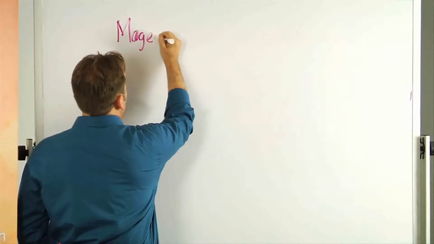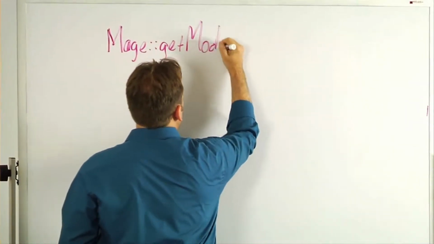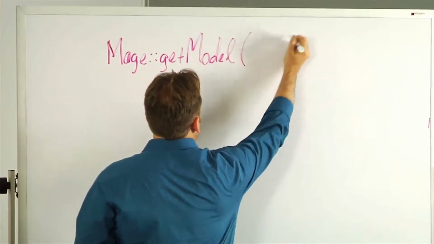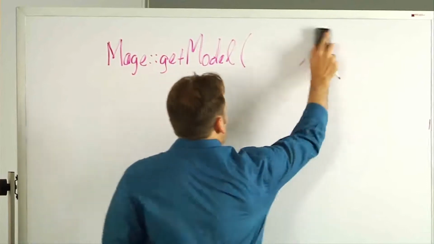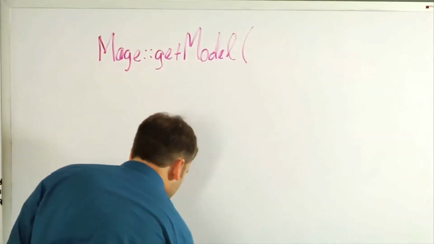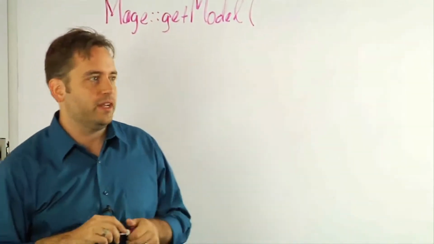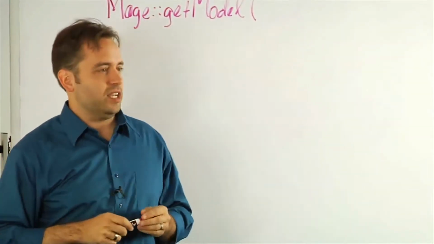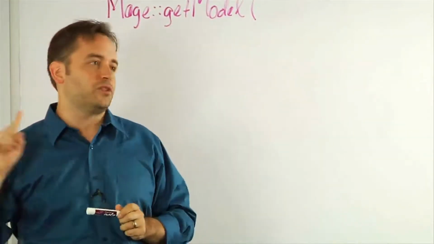Mage get model. Okay. You can also specify object, but don't. I don't know why that's in there, and I'm sure it's deprecated. If not explicitly, it's just never used. So you have model, and then you also have singleton.